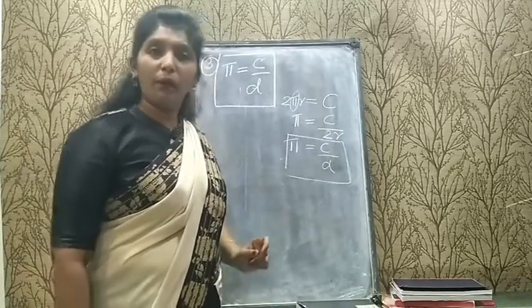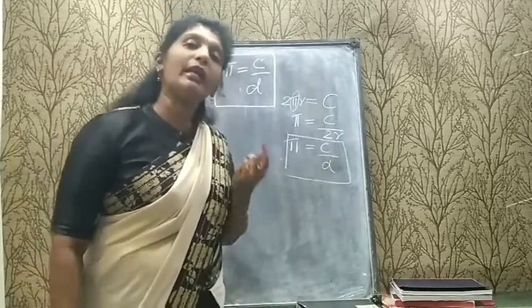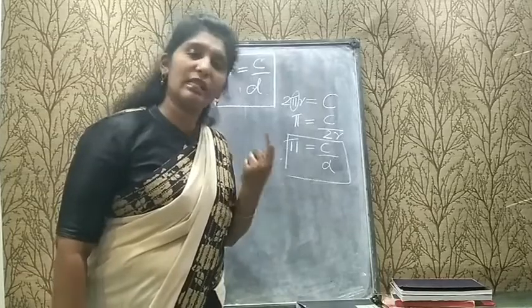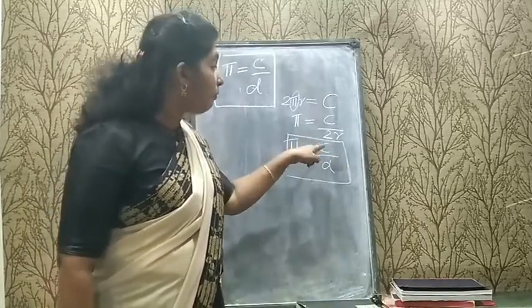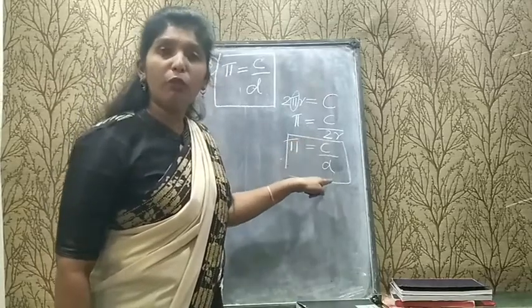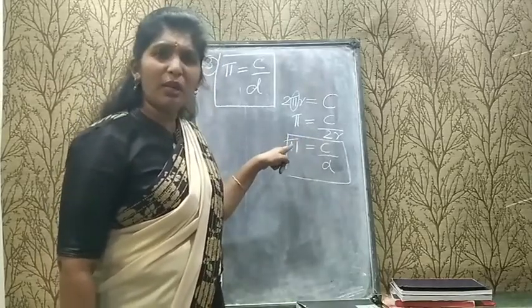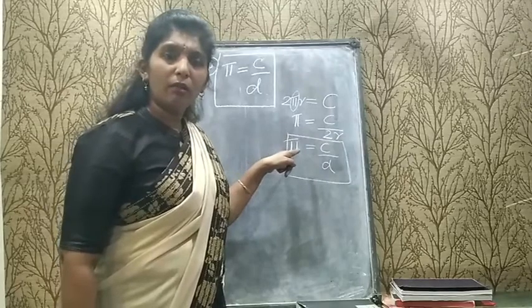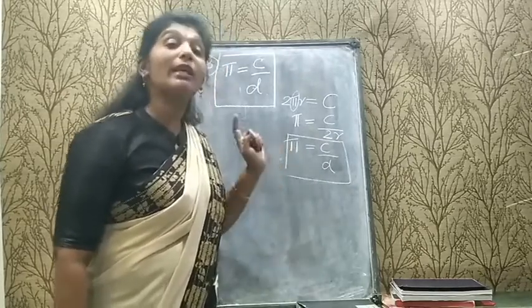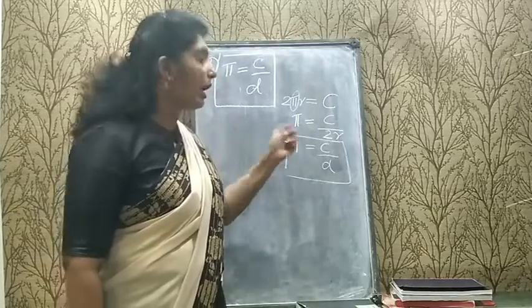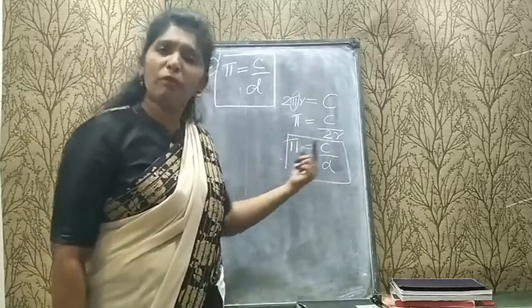If we are able to write a number in P by Q form, it means that is a rational number. Already you learned. It means if pi is written like a P by Q form, then pi is a rational number. But we know that pi is not a rational number. Then how does it happen? Just to see there is a problem, we will see that.